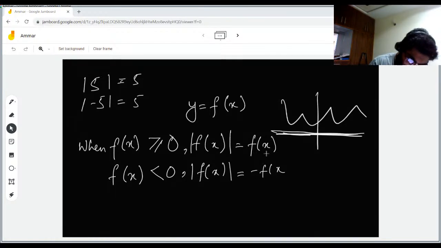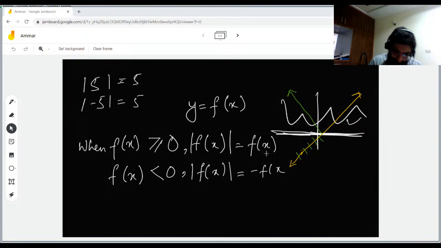For example, I've got a graph of a function like this. It's a linear equation, so it's a straight line. For the portion above the x-axis, it stays the same. For the portion below the x-axis, this gets cancelled, and in return I get a picture like this.